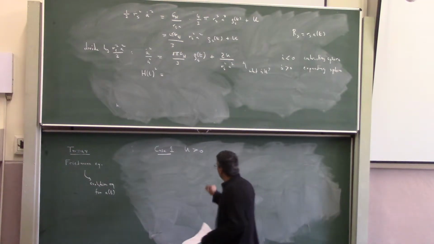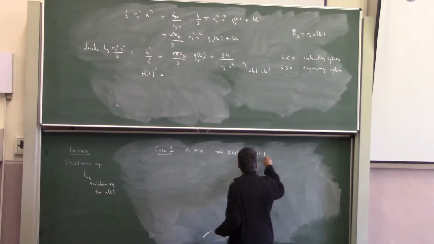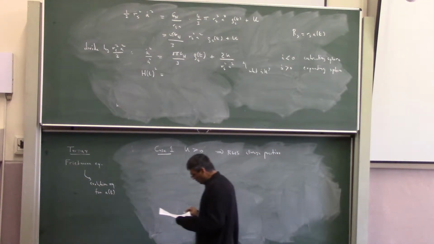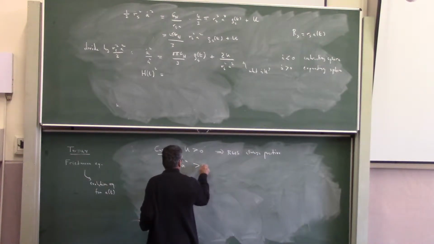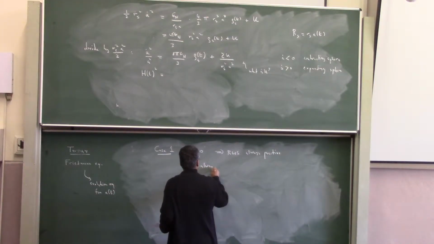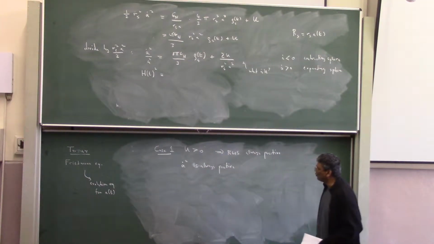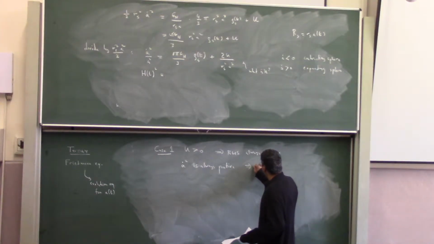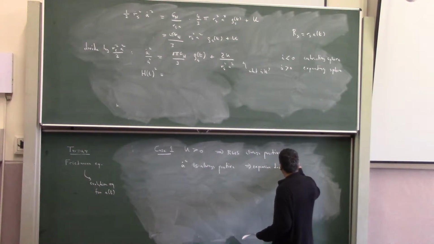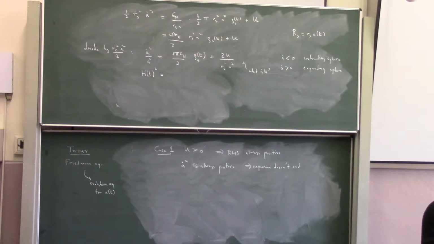So the right-hand side is always positive, which means A dot squared is always positive. The interpretation is that the expansion doesn't end. So if u is positive, we're always expanding.